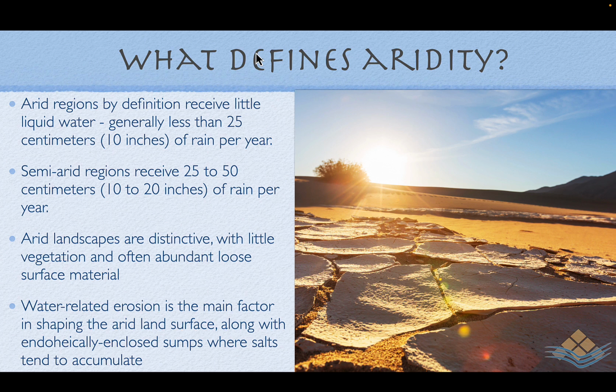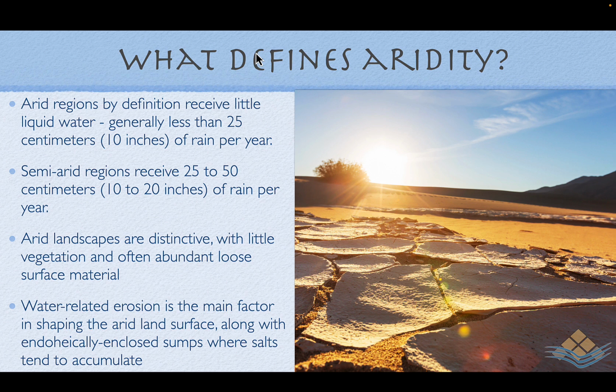We tend to have relatively reduced levels of vegetation compared to the more temperate and tropical regions of the world. And because of that reduced vegetation, there tends to be abundant loose surface material, sands, clays, muds, etc., on the landscape surface. Because of that lack of vegetation and that predominance of loose surface material, we find that water-related erosion is a significant factor in shaping the arid land surface.